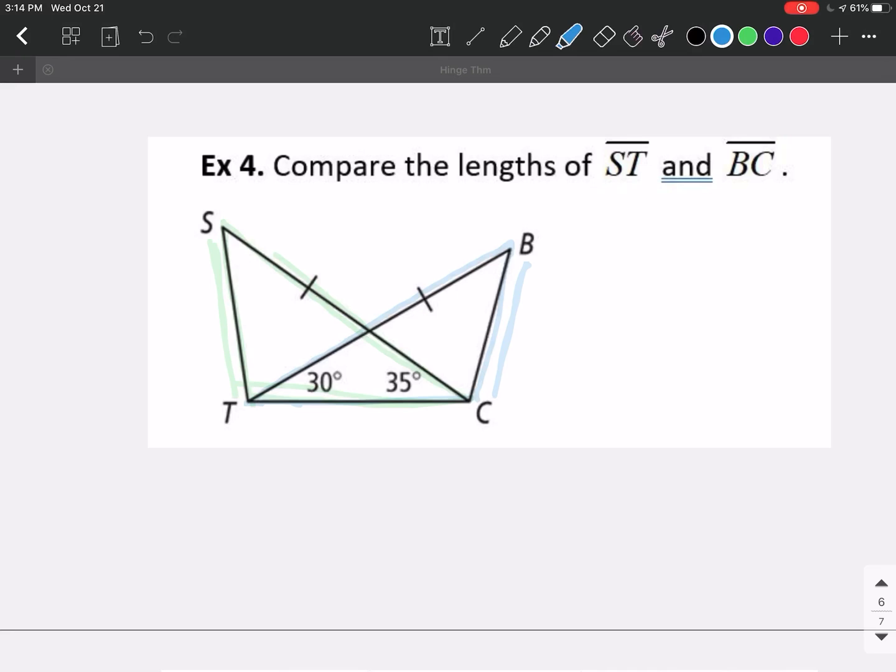So if I look across, BC is here, so this 30 will go to BC, this 35 will go to ST. So 35 is larger. So because 35 is larger, that lets me know that ST will be greater than BC. Because 35, the angle is larger, and for BC, the angle measure is 30.